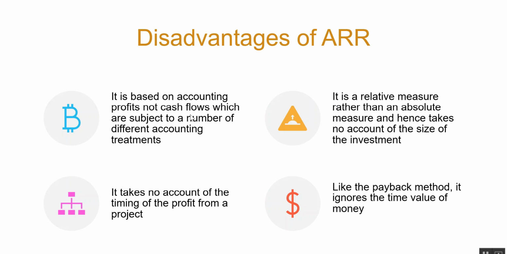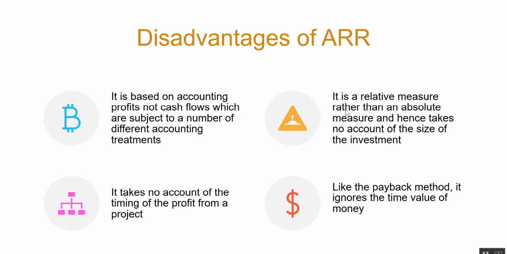As you know, accounting profits are influenced by judgment such as choice of depreciation rates and depreciation methods, whereas the cash flows are not influenced by such decisions. So this is the first disadvantage.